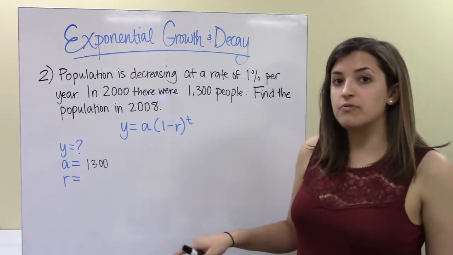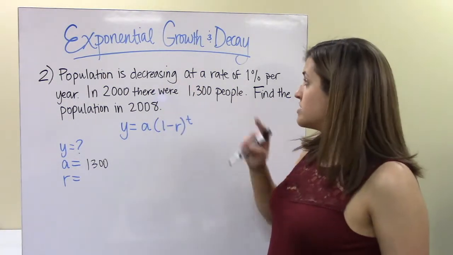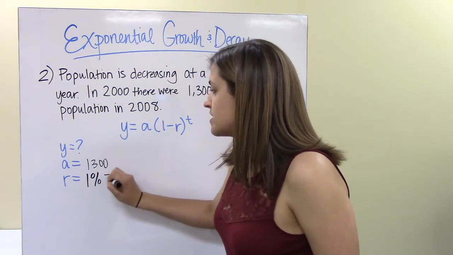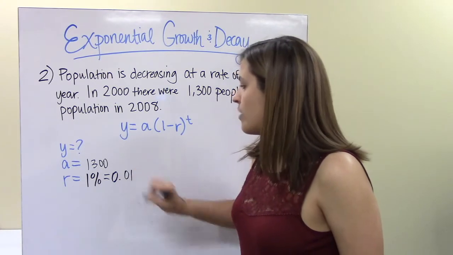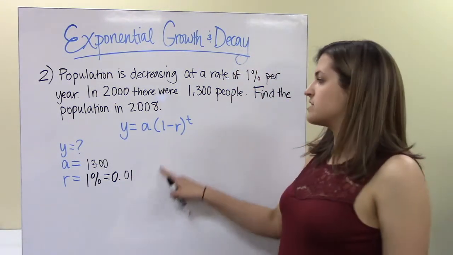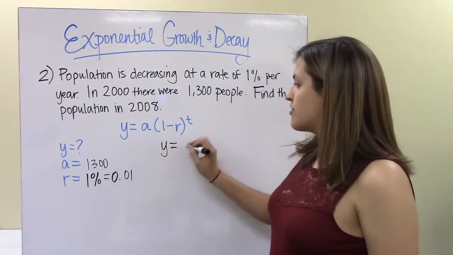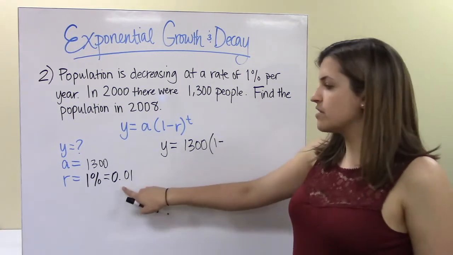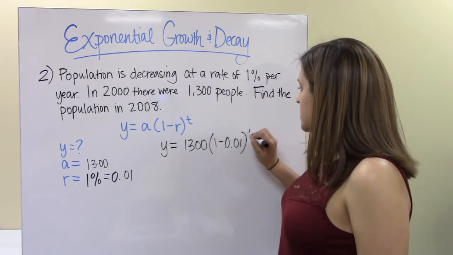R is going to be our rate of decay. So the population is decreasing at a rate of 1%. So that's 1%, but we need it as a decimal. So 1% is 0.01. Now we can plug this into our equation here, and we'll find that we have y equals 1,300 for A times 1 minus our rate of 0.01 to the t.